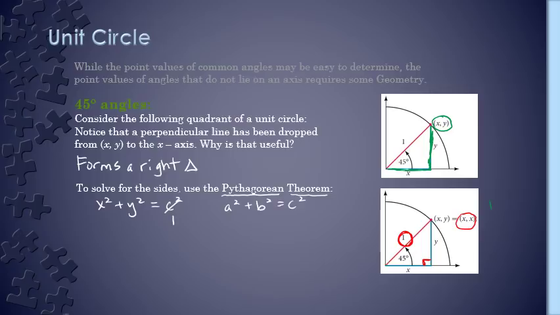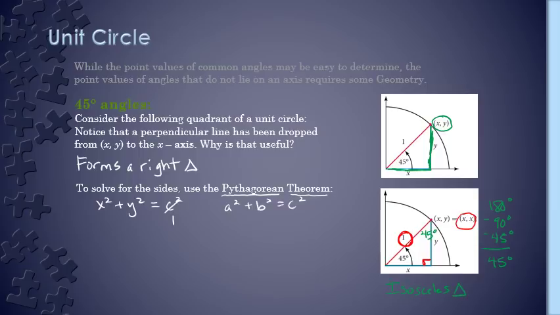So if I take 180 degrees, and I subtract out the 90-degree angle that was formed, and I subtract out the 45-degree angle that was formed, that leaves me with 45 degrees. So this angle right here has to be 45 degrees. When I have base angles that are the same, that creates an isosceles triangle.